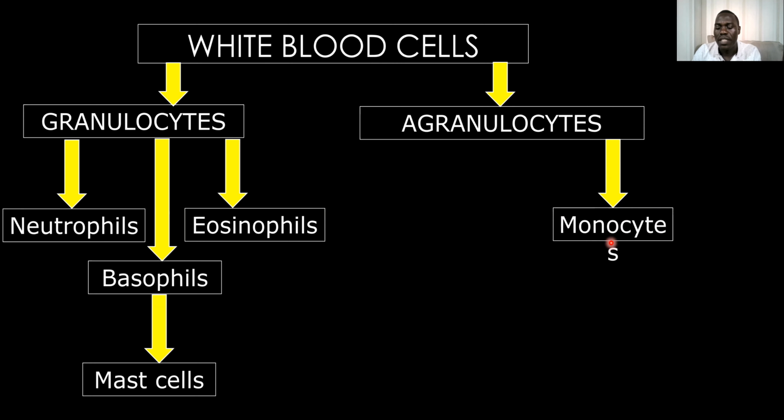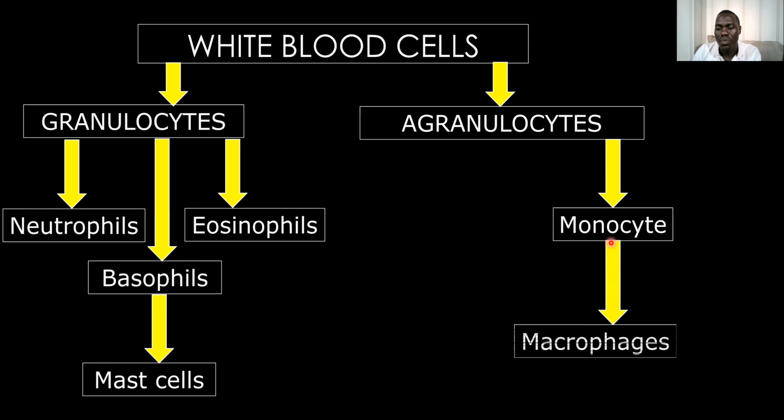But when they leave the bloodstream to go to various organs, we can just call them macrophages. Their key mechanism is in antigen presentation. They present antigens to T cells. Well, they have other mechanisms of action that contribute to immunity, but among them is the antigen presentation.